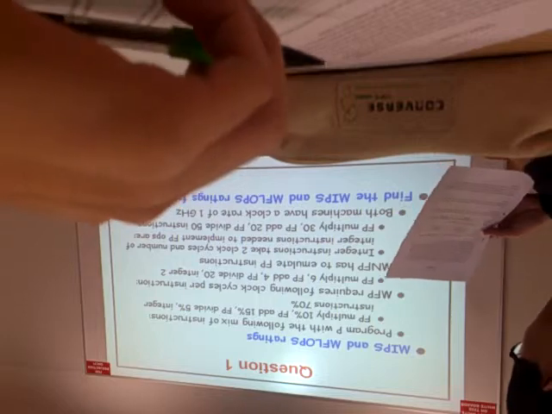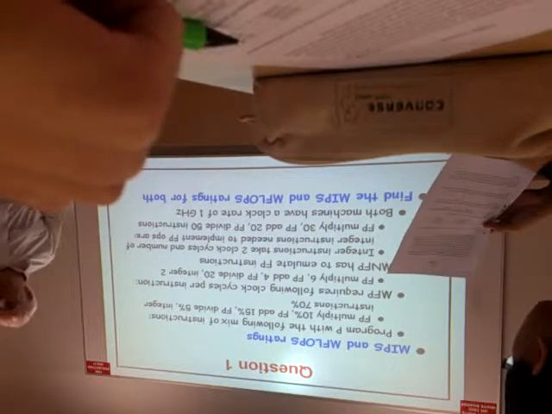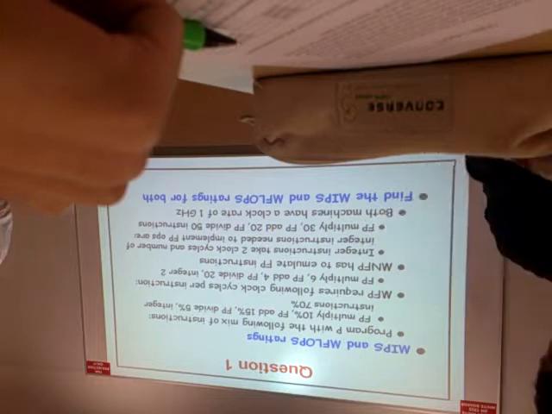The first question is about how to calculate MIPS and megaflops ratings. MIPS is millions of instructions per second and includes all instructions. Megaflops includes the floating point instructions.